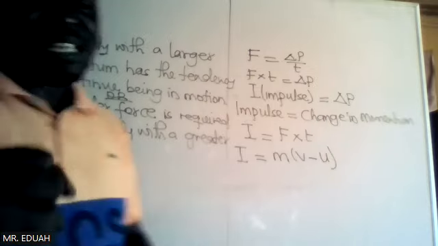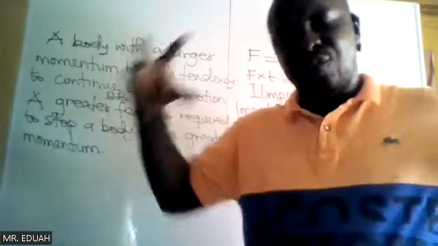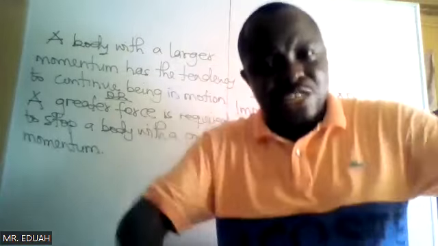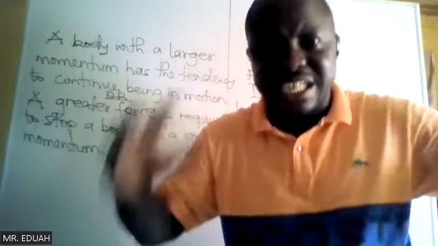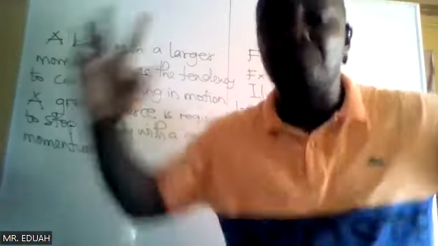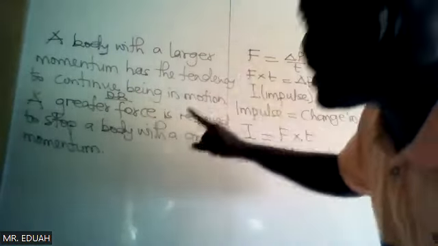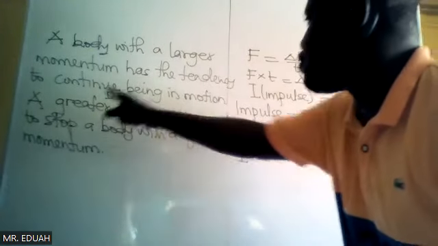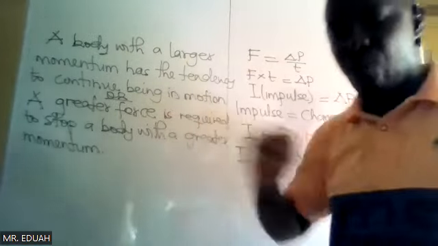Once the one solidly hit by the bat has a greater velocity and so a greater momentum, the chances that it will continue to be in motion is great. So a body with a larger momentum has the tendency to continue being in motion.